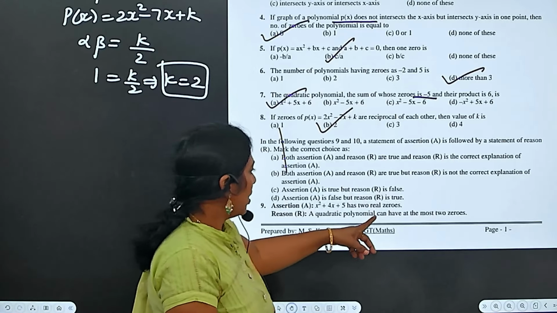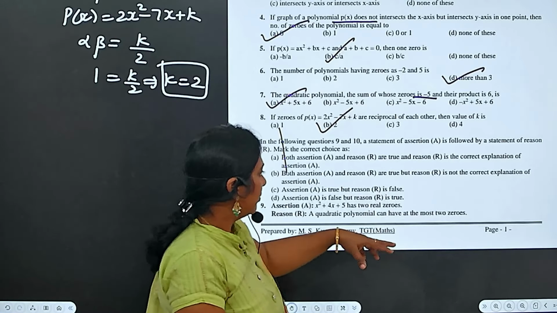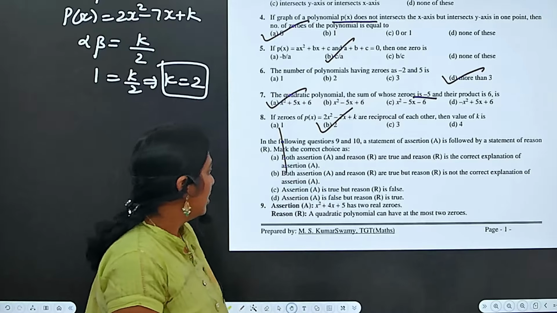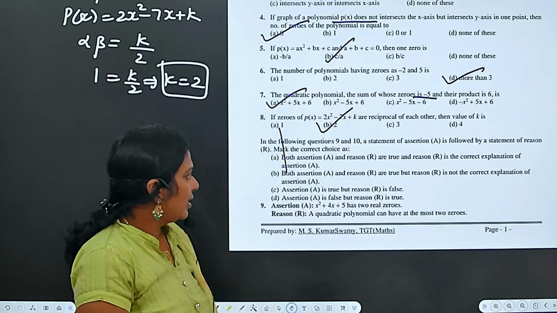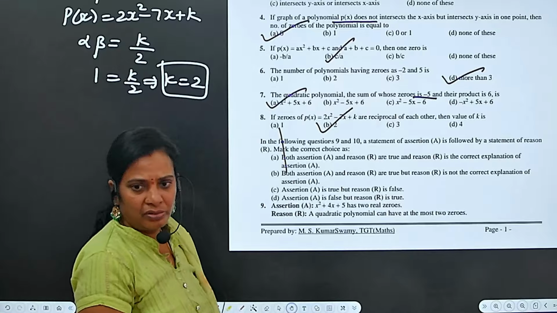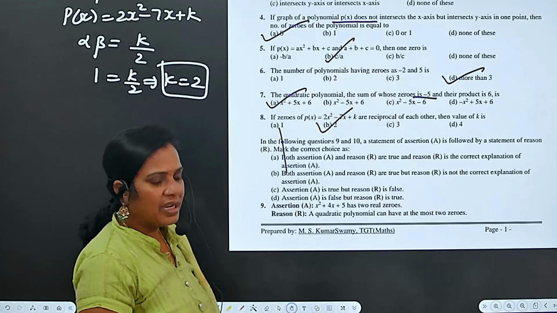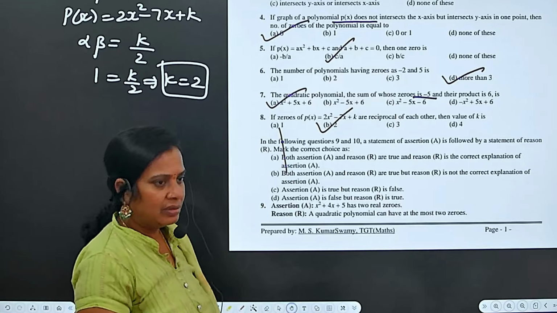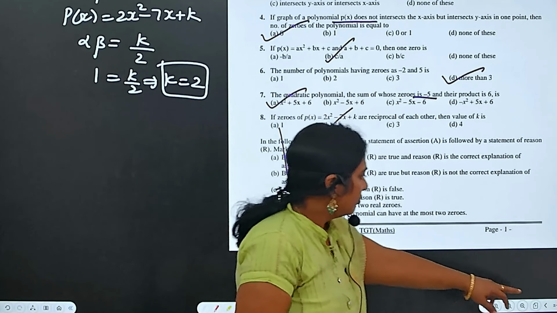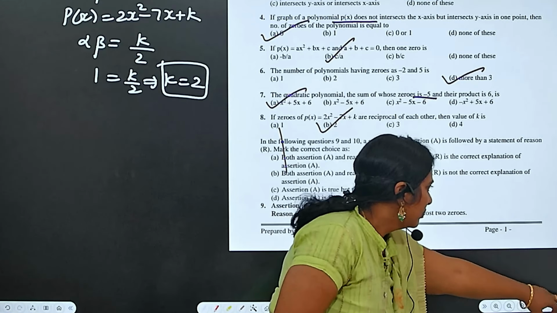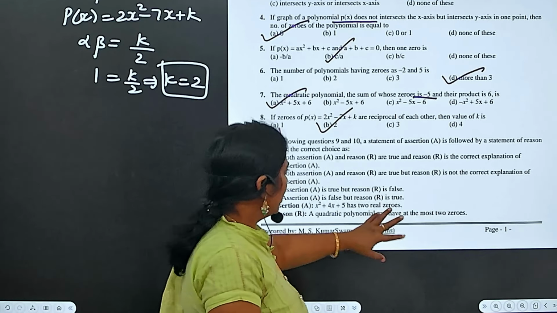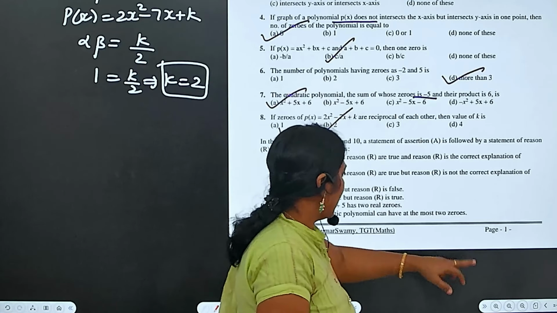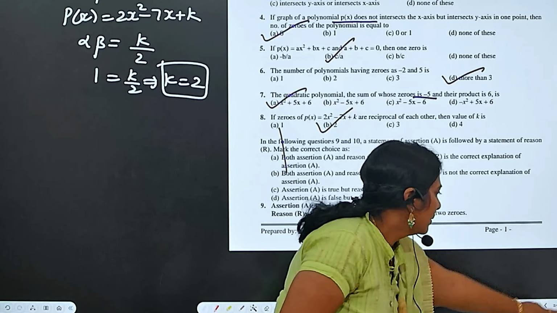A quadratic polynomial can have at most two zeros. Two real zeros means quadratic polynomial can have at most two zeros. Quadratic అంటేనే two zeros ఉంటాయి. రెండు సేమ్. Two real zeros అంటున్నారు, at most maximum two zeros. A is the correct.